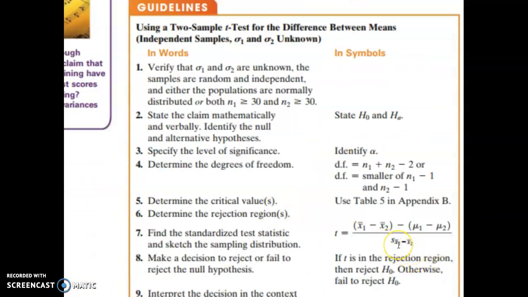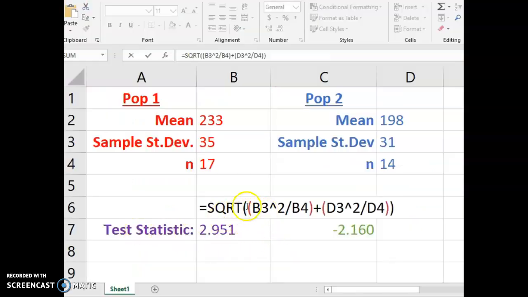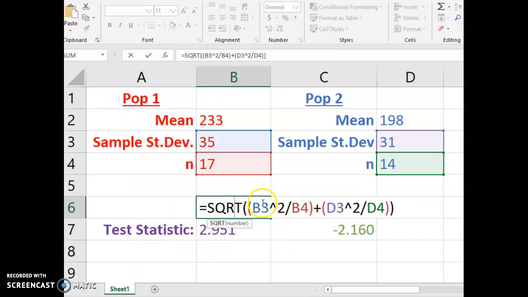That's what goes on bottom. And on top, we're really just going to be subtracting the two sample means from each other. This value here is going to reduce to 0 because we're assuming the population means are equal. And so to do the bottom part first of that calculation, we're doing the same thing with each of our samples. We take the sample standard deviation, square it, and divide by the sample size.